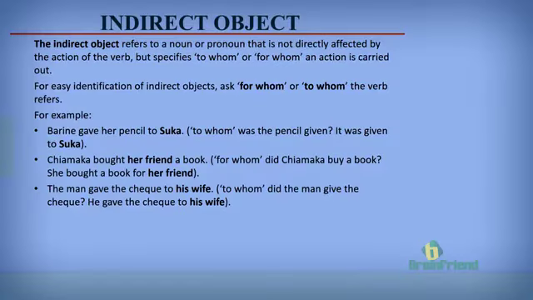The second type of object we have in English grammar is the indirect object. What is an indirect object? Indirect object refers to a noun or pronoun that is not directly affected by the action of the verb, but specifies to whom or for whom an action is carried out.